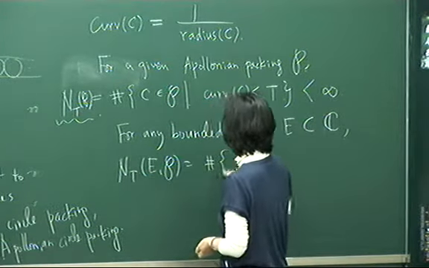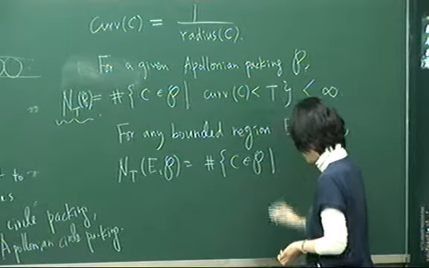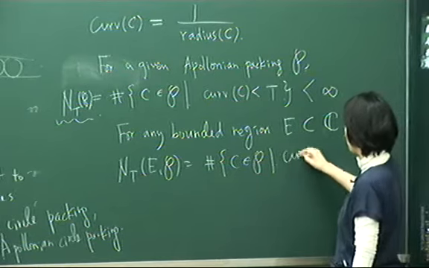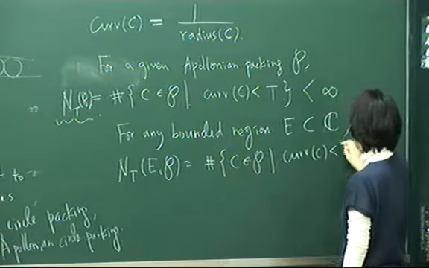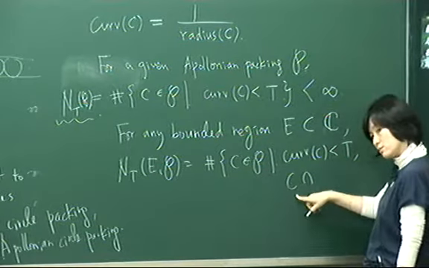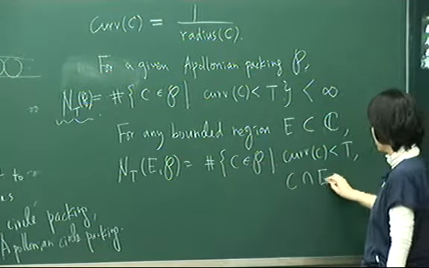So this will be, again, circles in a given Apollonian packing, curvature less than T, but we are going to insist that the circle must meet this bounded region, non-empty.